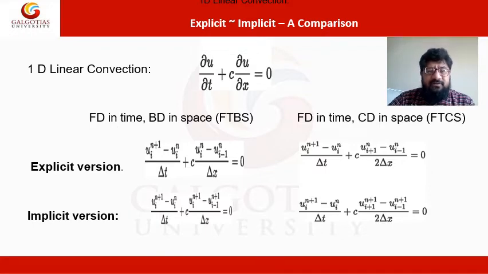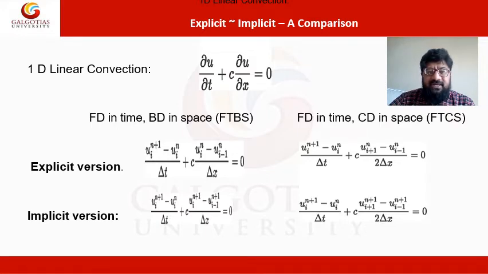The implicit version of it will become: del u by del t will be forward in time, but when we calculate the space discretization del u by del x, the value of u i will be calculated at the future time level. So del u by del x will be u i n plus 1 minus u i minus 1 n plus 1.